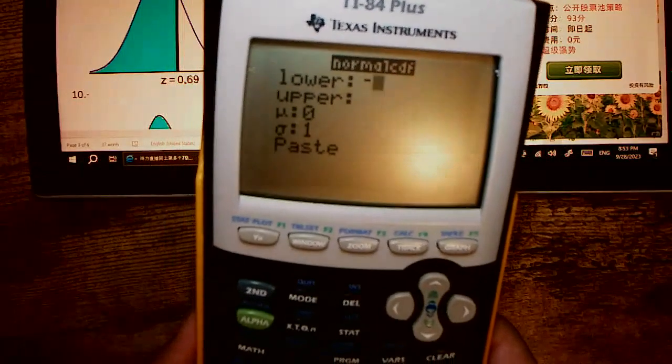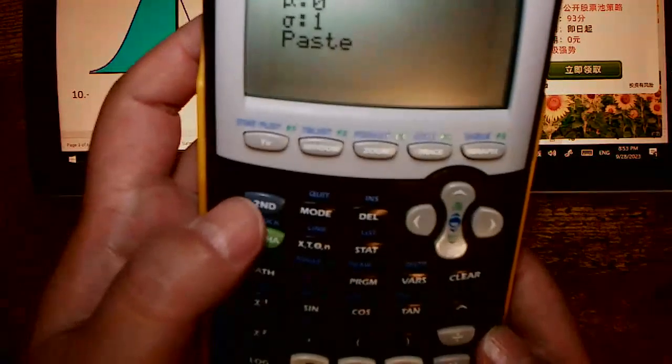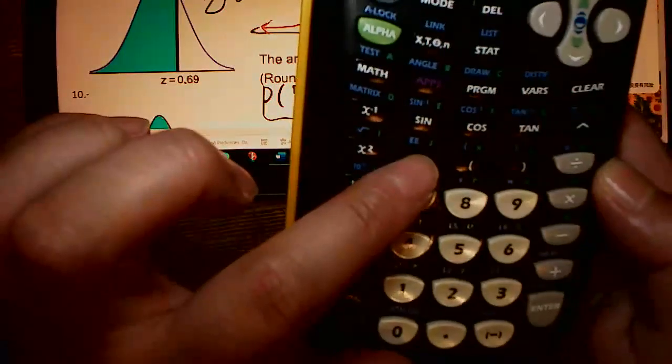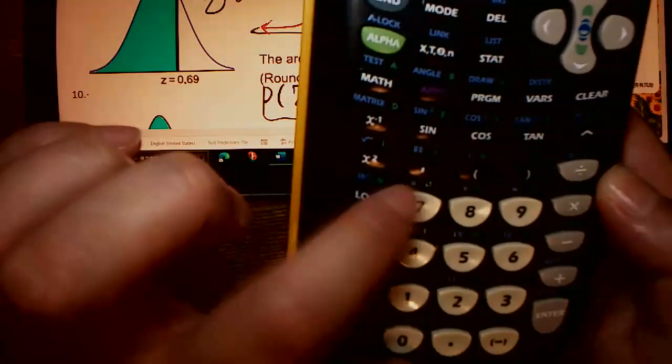And then how do you find the E? The E, please remember, is second comma. Second is here, comma is right above 7.